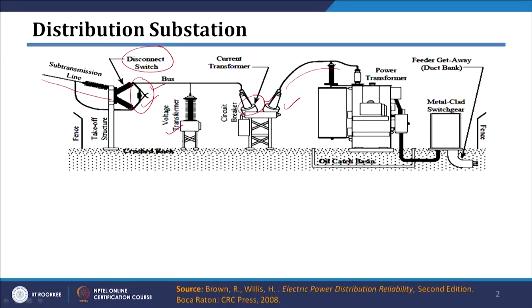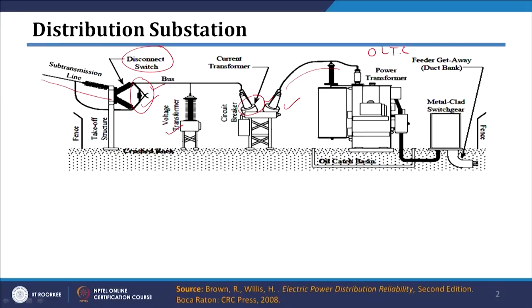This transformer may have the facility of tap changing, and this tap changer can be an on-load tap changer, that is OLTC, or an off-load tap changer. If it is an off-load tap changer, then you need to disconnect this transformer if you want to change the tap.